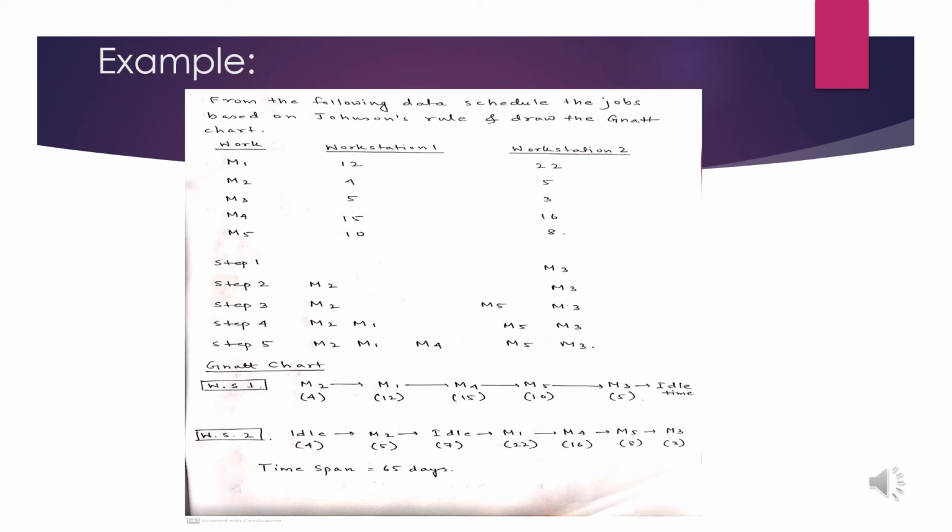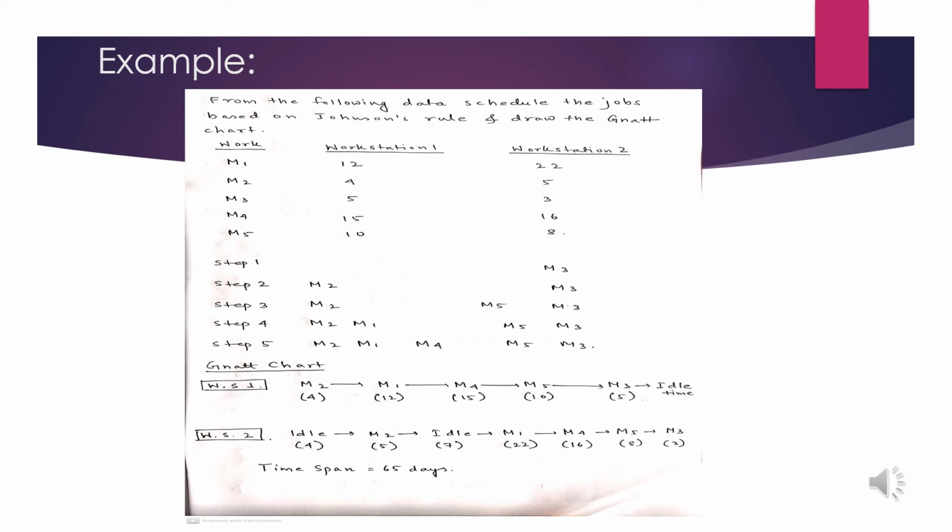Now when we have eliminated M3 and M2, the next job which has the shortest processing time is again at workstation 2, M5. So again I'll delay it as long as possible. I have already placed M3 at the last position, so just before that position I'll place M5 at step 3 and then eliminate M5 from further consideration. Now in step 4, M1 under workstation 1 has the shortest processing time.